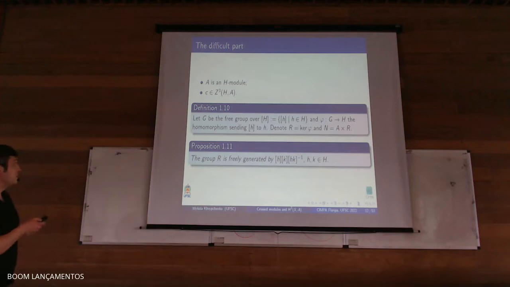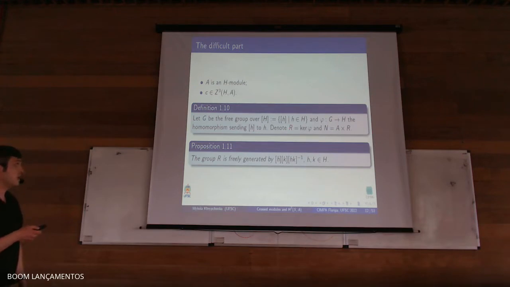So G would be the free group over H seen as an alphabet. So this huge free group, and you have a natural epimorphism from G to H, which sends a letter to itself seen as an element of H.